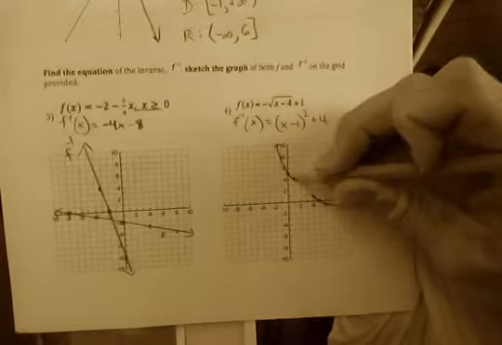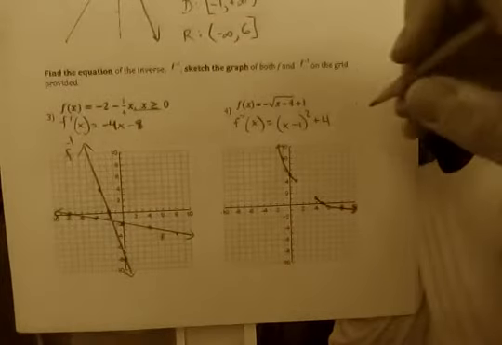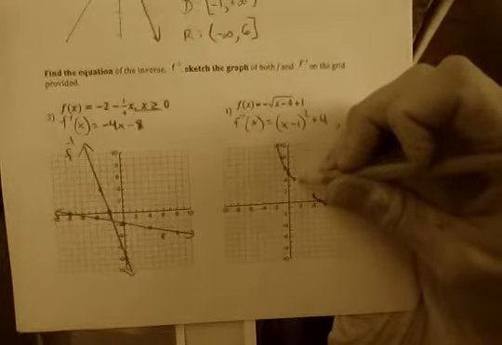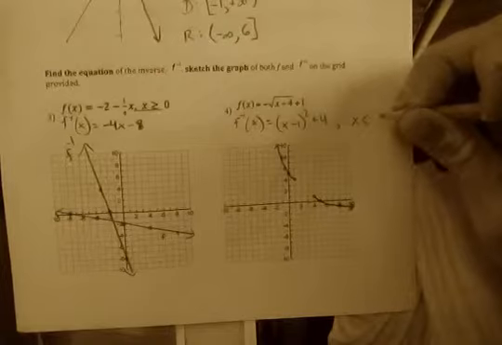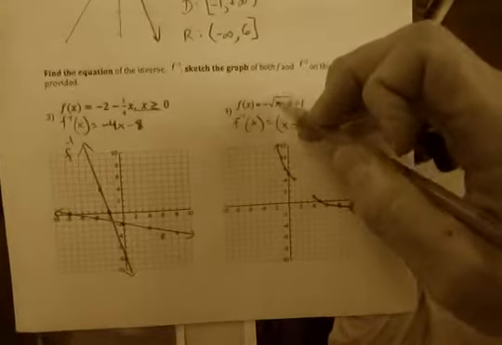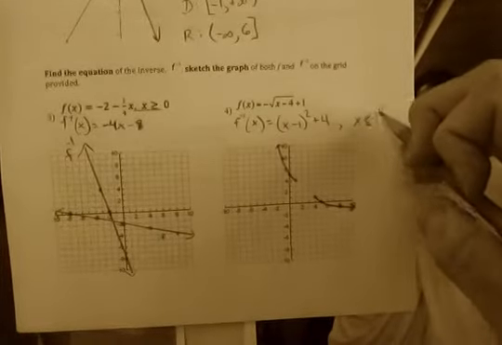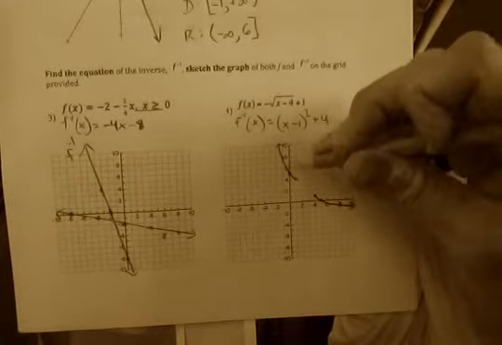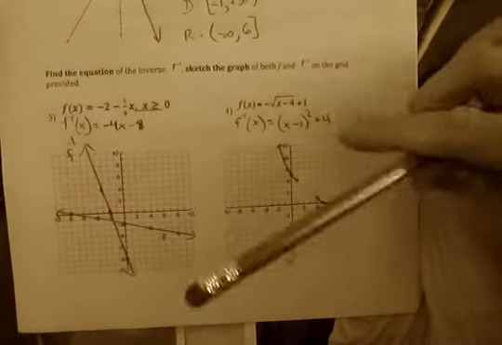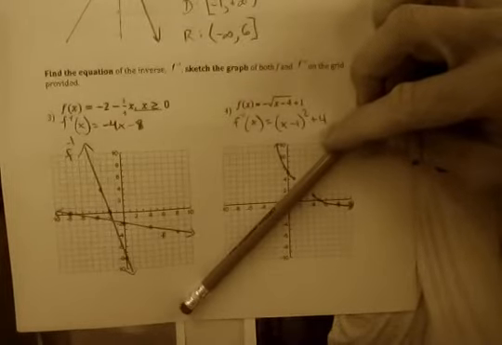The vertex is at 1, 4. But we're only considering x values less than 1, right? When you're drawing the inverse of a radical function, you've got to make sure you restrict the domain because you only need half of the parabola, not the full thing, okay? And again, with the y equals x line, we have reflectional symmetry.